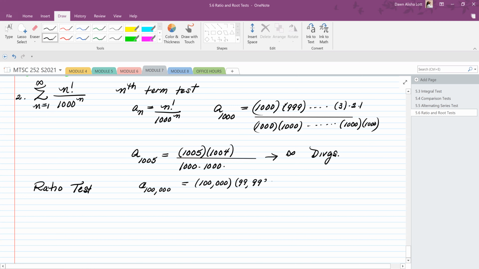I have these big numbers, but in the denominator I'm still going to get 1,000 multiplied by itself 100,000 times, but the numbers in the numerator are way bigger. Oh, I see now. Okay, thank you. They just keep getting bigger and bigger.